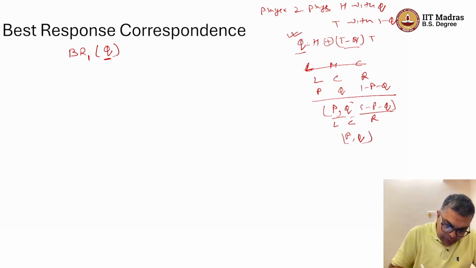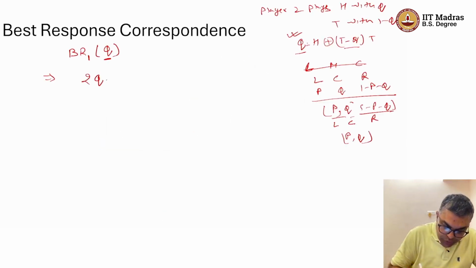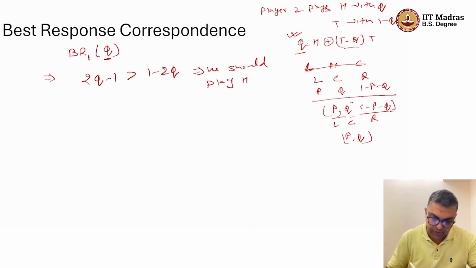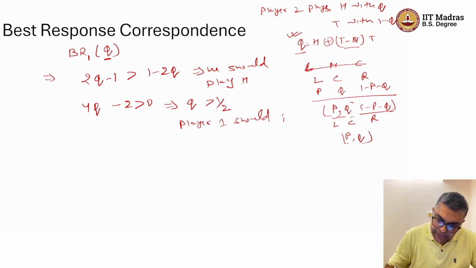So what should player 1 do? Playing h he gets 2q minus 1, by playing tail he gets 1 minus 2q. What should he do? We can say if 2q minus 1 is greater than 1 minus 2q, he should play h. Or in other words, 4q minus 2 greater than 0, or q greater than half, player 1 should play h.